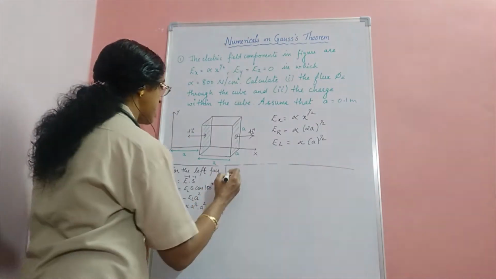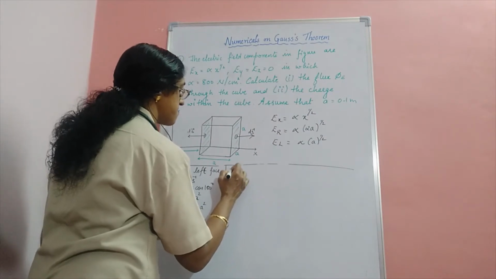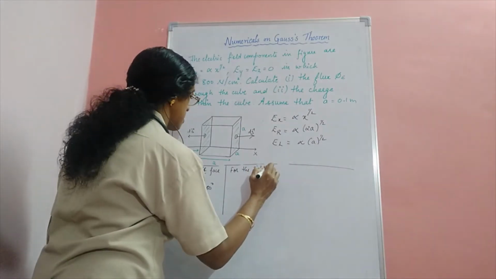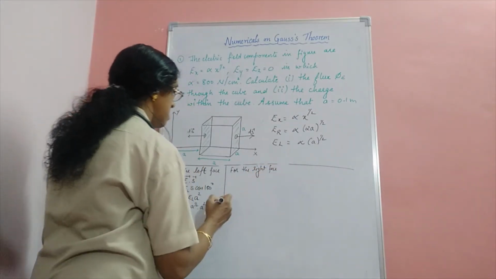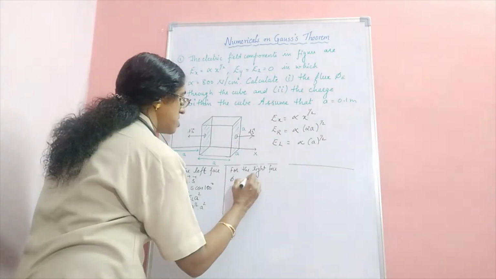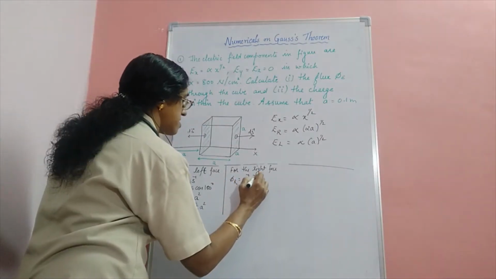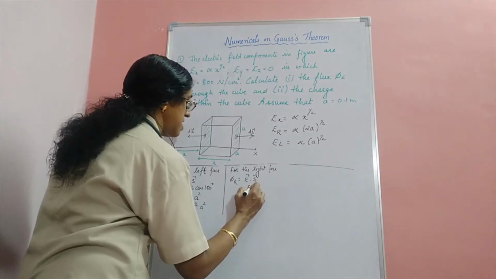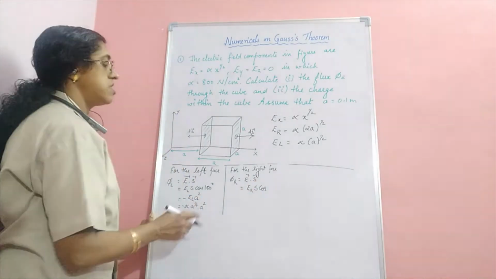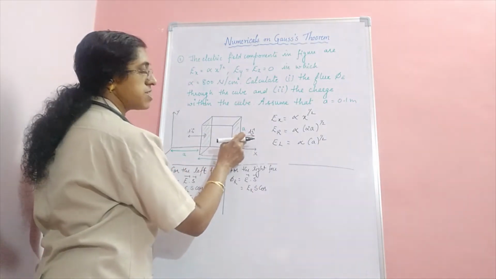Similarly, I'll find it for the right face. For the right face, flux phi R is equal to E dot S, which can be written as ER S cos theta. What is the angle between the electric field and the normal to the face?